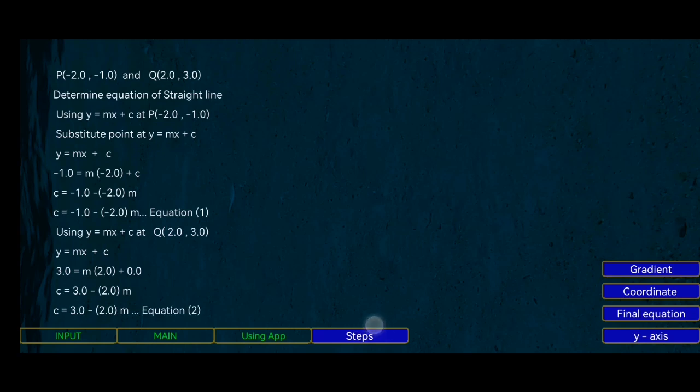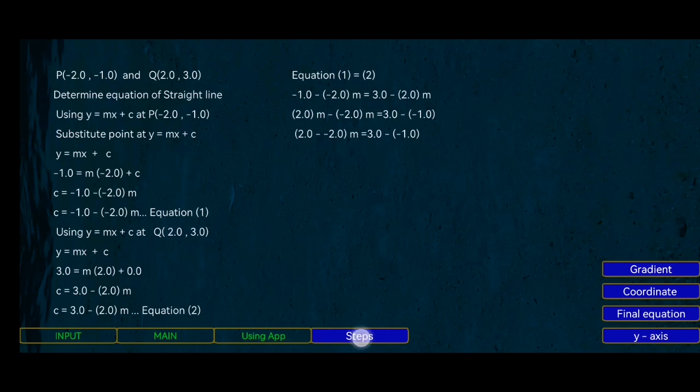This is equation 2, and then from there you're going to put them together, equation 1 and equation 2 here, and then arrange like terms. Solve for gradient. M is the gradient.